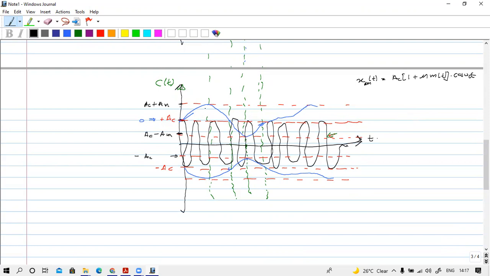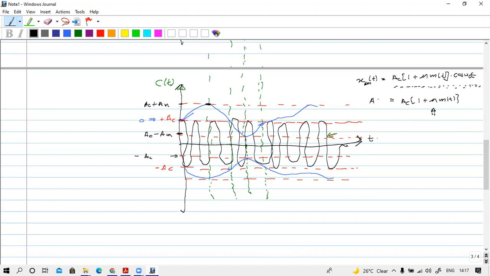You can see this point is the maximum level of this amplitude modulated signal. If we consider the envelope, we can remember it as 1 plus mu m(t). This is the envelope of the signal.